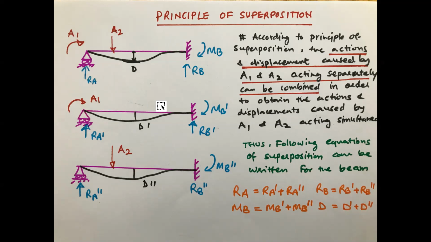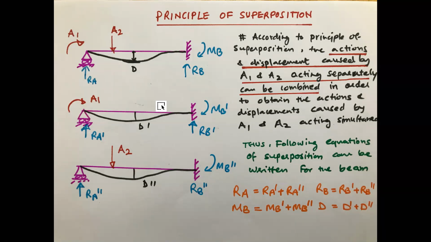And because of the linear relation between force and deformation, we are able to do just the addition of these quantities. For example, here you can see D, the total deflection caused by A1 and A2.